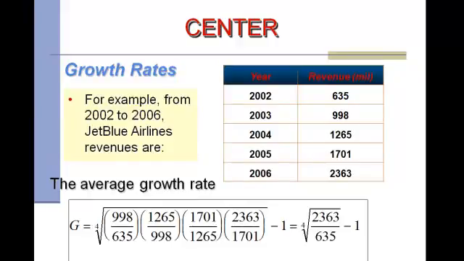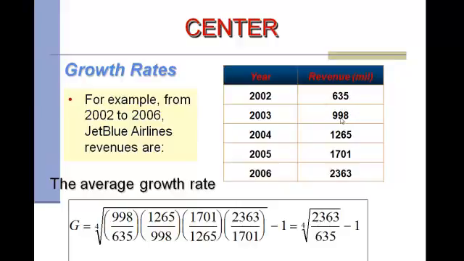Now here is another example. This one is done differently, but it's also another way to show you how to do the growth rates. In this case, we've got JetBlue Airlines, and we've got their revenue for 2002, 3, 4, 5, and 6. So what we're calculating is the average rate of growth. We could do each calculation separately.